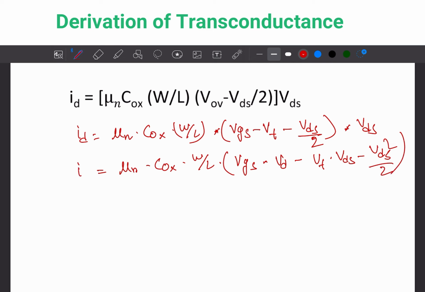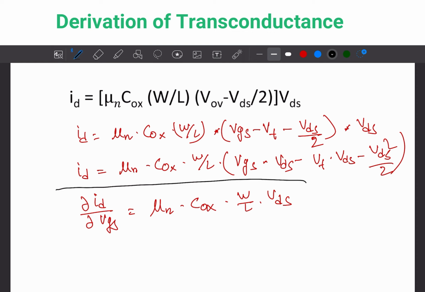Okay, so if I do the partial differentiation with respect to VGS, what will be the value? Mu N COX W by L multiplied by VDS. So this will be the equation of GM.